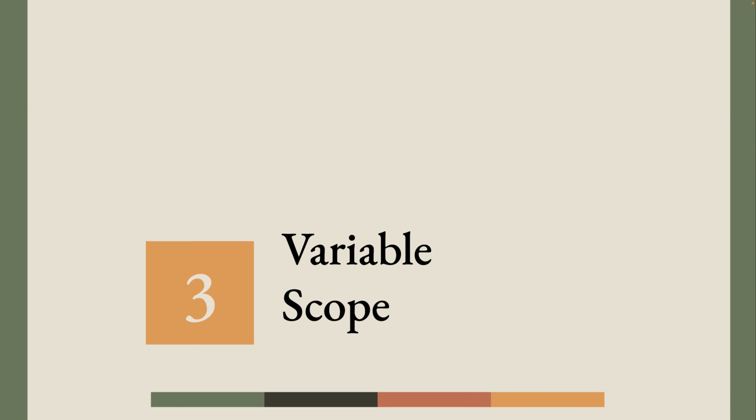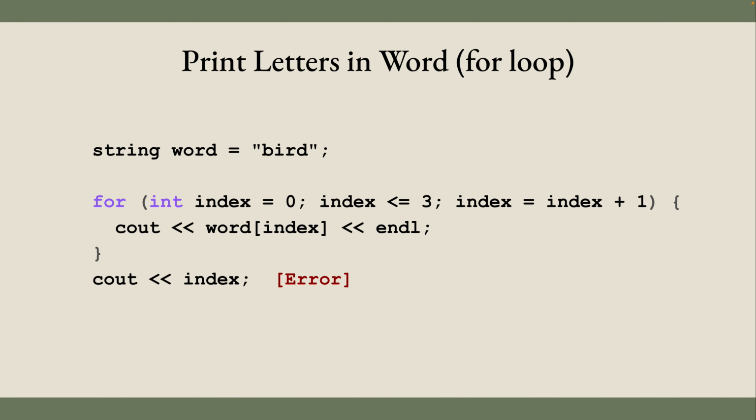Sweet. Final topic I have today, variable scope. You're not going to encounter this error very often, but if you do, I want you to be familiar with why it's happening. So in our for loop, we create this variable int index equals 0. This is the example that we just did.